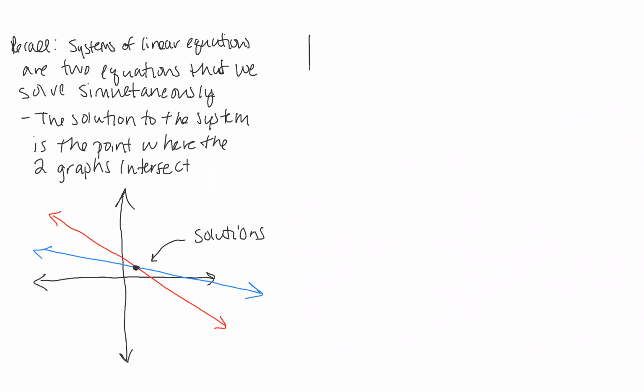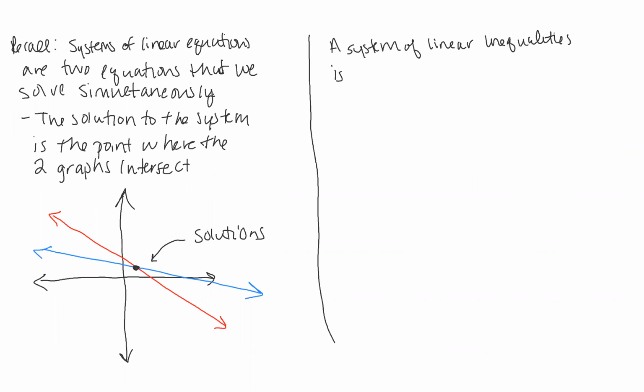So here's the deal. A system of linear inequalities is 2 linear inequalities that we solve simultaneously.